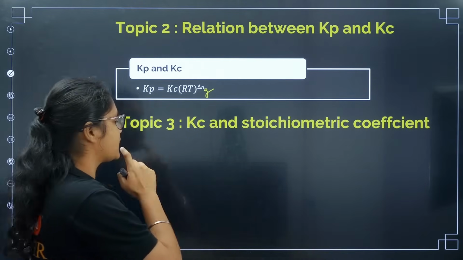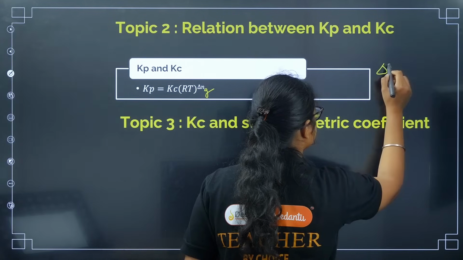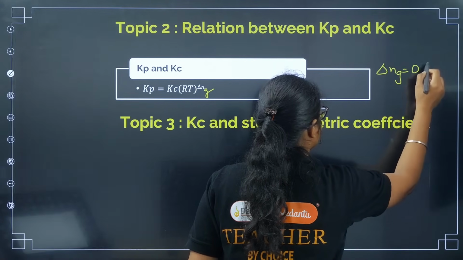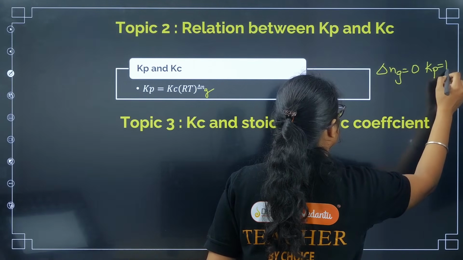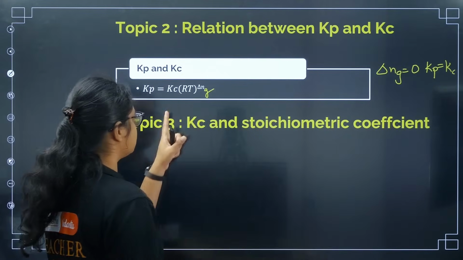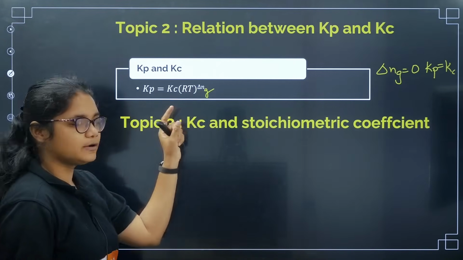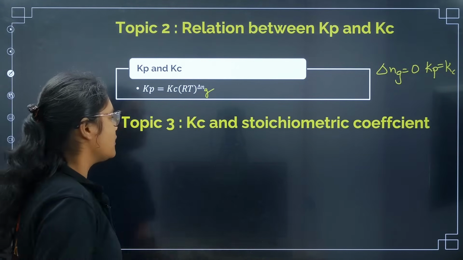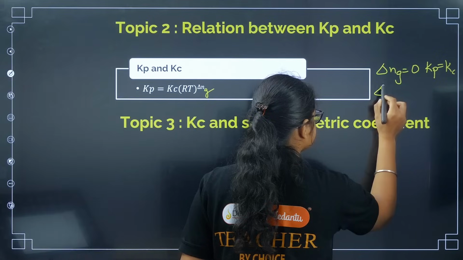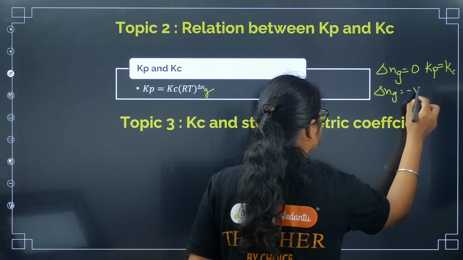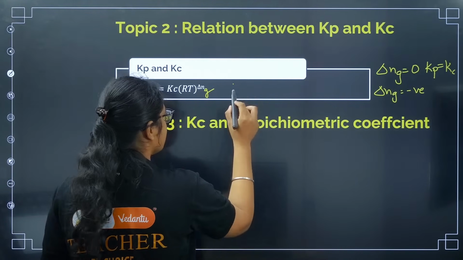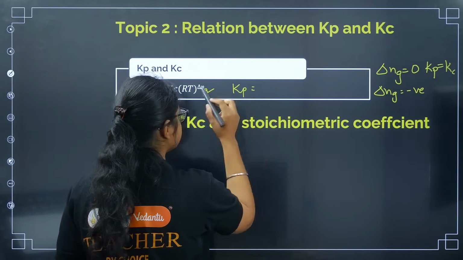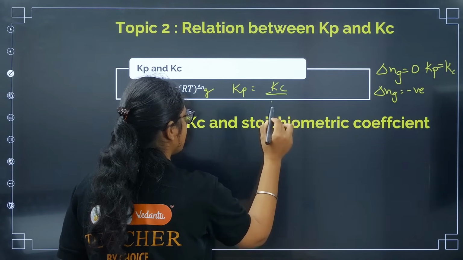Now, here three conditions arise. If delta Ng is equal to 0, then Kp will be equal to Kc. You can see this term, if it is 0, then RT to the power of 0 will become 1, so Kp will become equal to Kc. Now, if delta Ng is negative, suppose it is minus 1, Kp will be equal to Kc by RT.